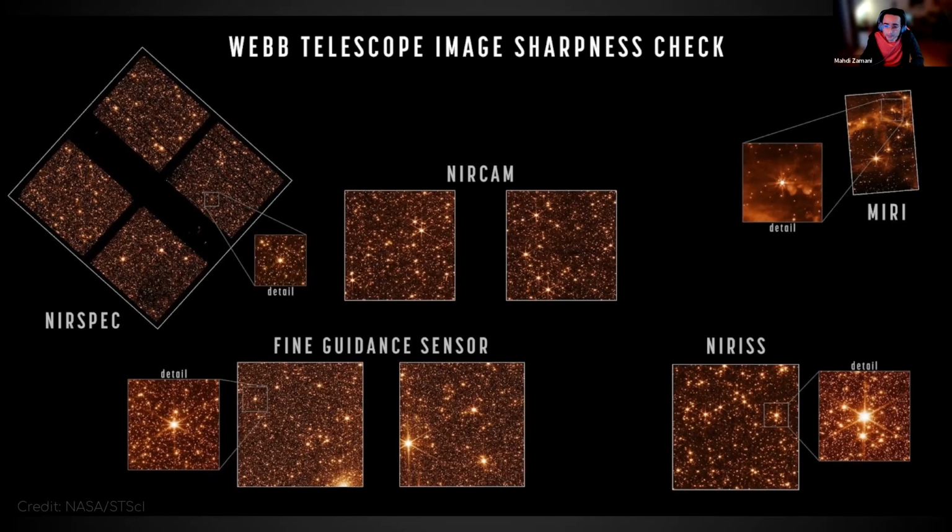And you can see here all the primary instruments on board the James Webb telescope can produce some kind of image. They can also produce other things, but even the spectrograph, the NIRSpec, which is designed for spectrography, can produce images.